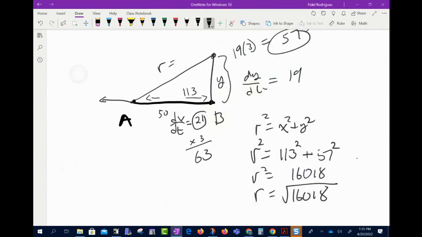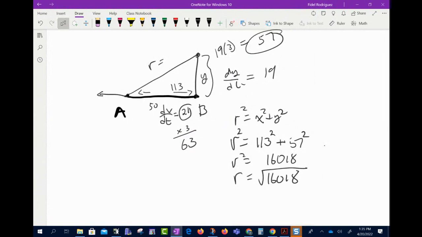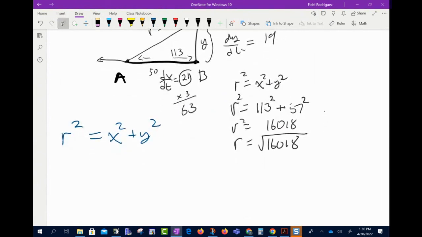So y'all, now what we're going to do, because this is one of those related rate problems, is use the idea of the Pythagorean theorem. R squared equals X squared plus Y squared. We're using the chain rule with respect to time because these distances are changing over a period of time.